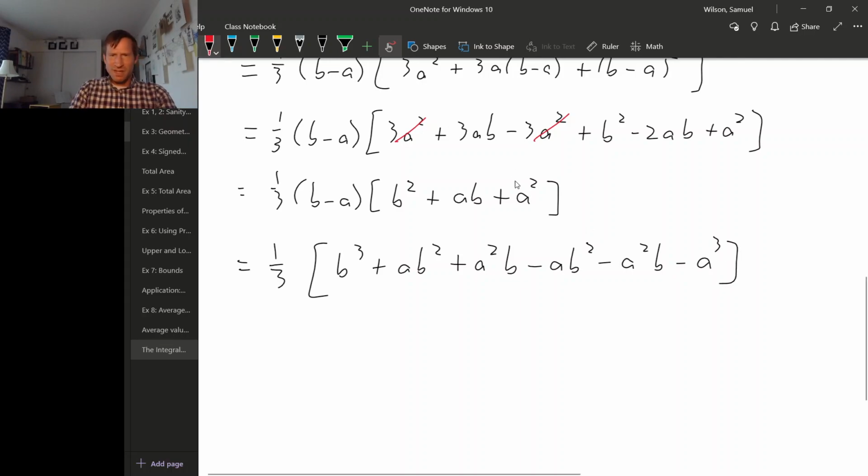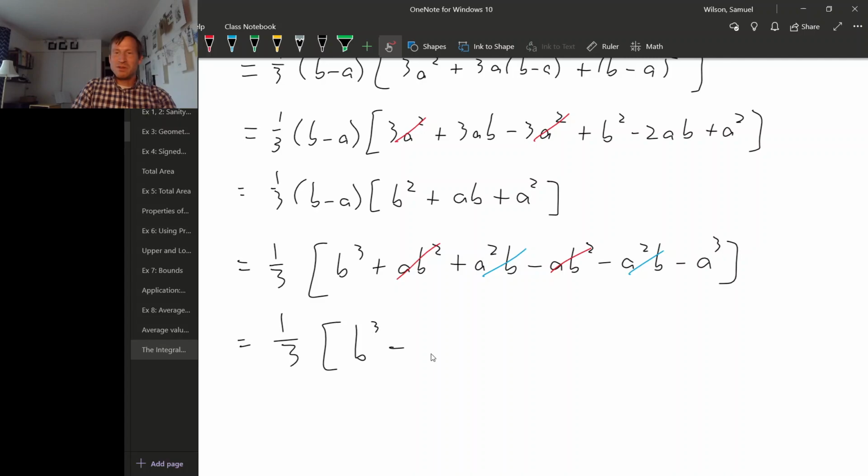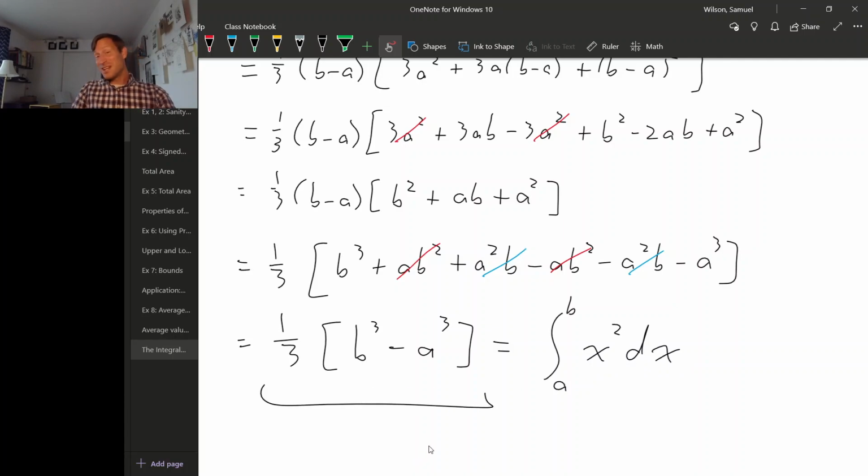And a lot of this stuff cancels. These cancel, and these cancel. And finally, we're left with 1/3 times (b cubed minus a cubed). And that's what I said we should get. Remember, we were calculating the integral from a to b of x squared dx. And this is the formula that I used in an earlier video, and now you can see that this formula is correct.